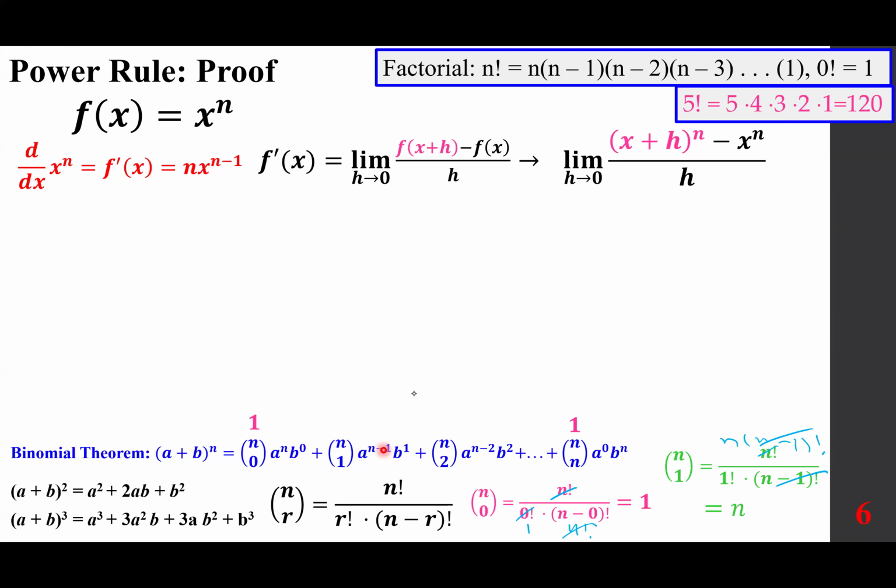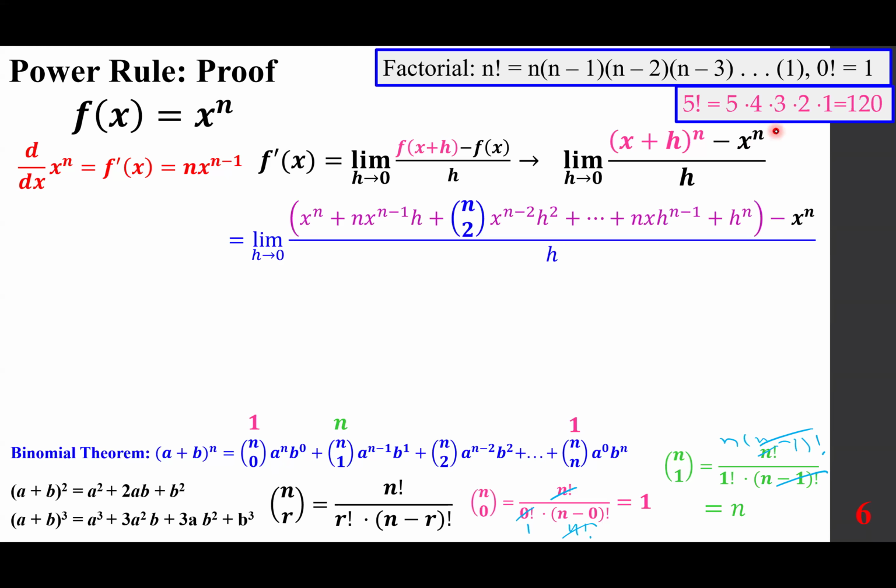This one is n x to the power of n minus 1, b to the power of 1 means h to the power of 1, or simply h. And you continue all the way to the last one, where x to the power of n becomes h to the power of n. So this is n choose n, and you write it. So when you expand this, this is what you get.